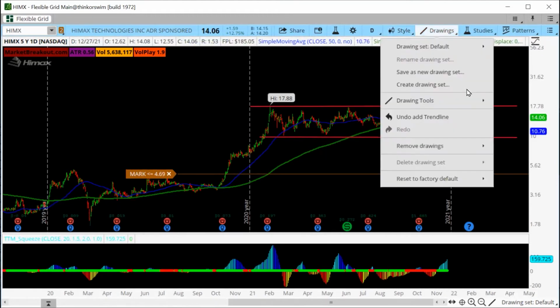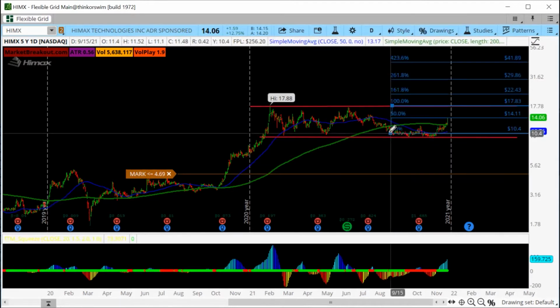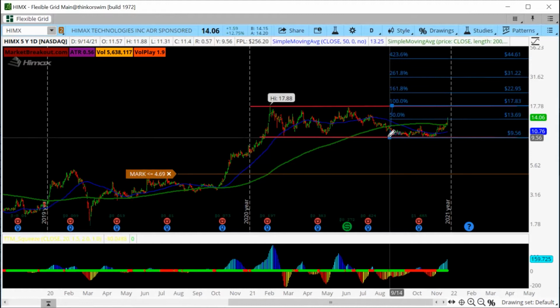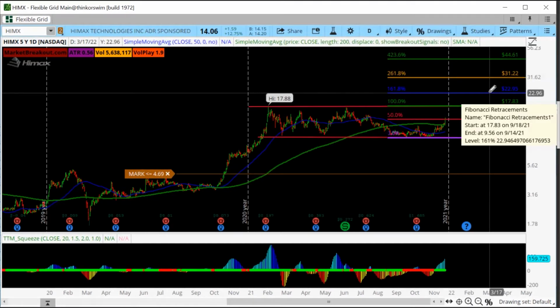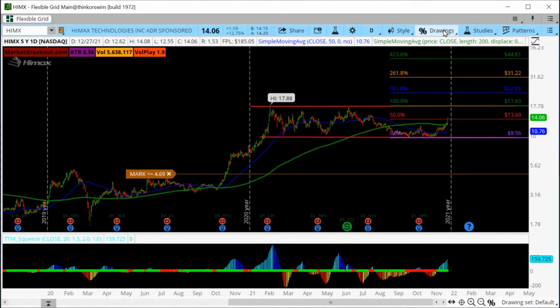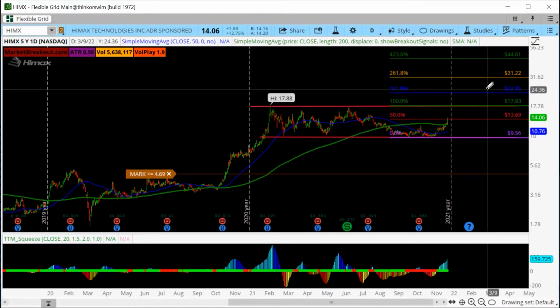And we can use Fibonacci to understand what we can expect. Okay, first of all, we see a first target about $23.